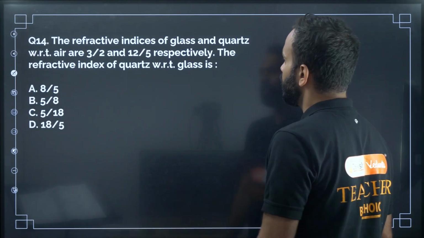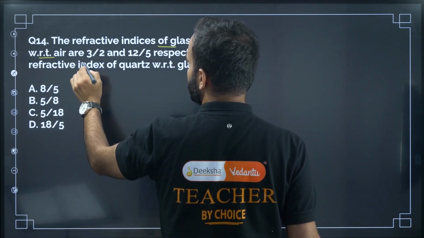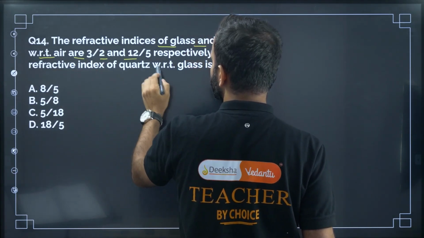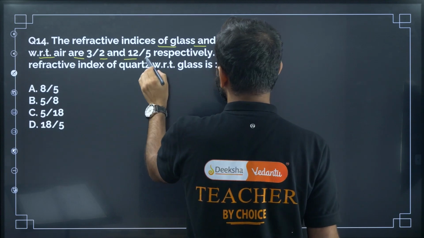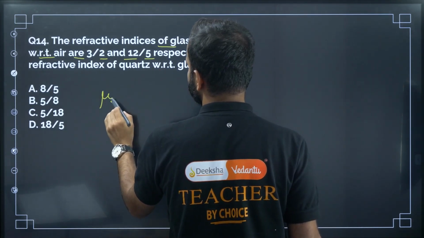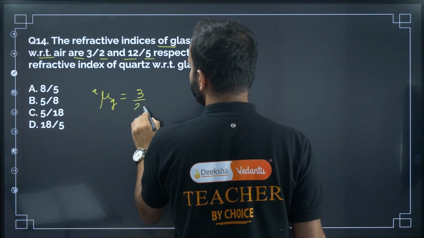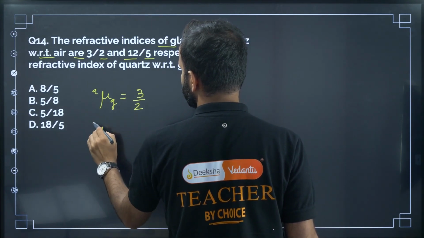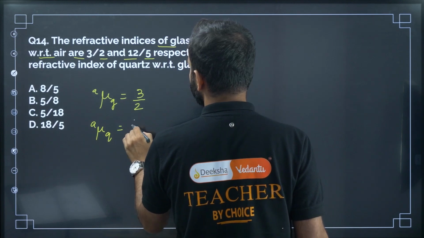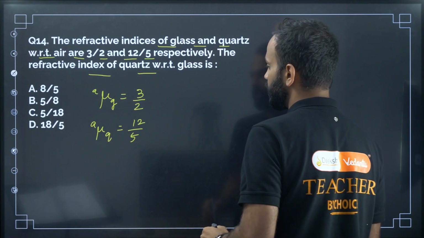Question number 14. The refractive indices of glass and quartz with respect to air are 3 by 2 and 12 by 5 respectively. The refractive index of the glass with respect to air is 3 by 2 and the refractive index of the quartz with respect to air is 12 by 5. Find the refractive index of the quartz with respect to glass.